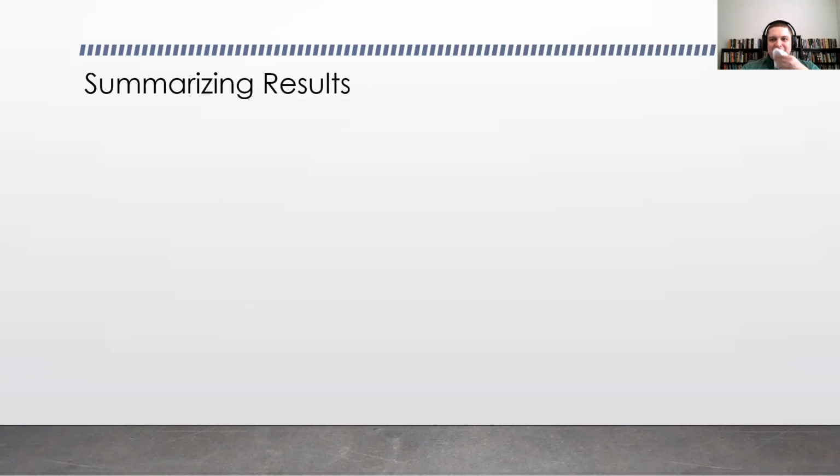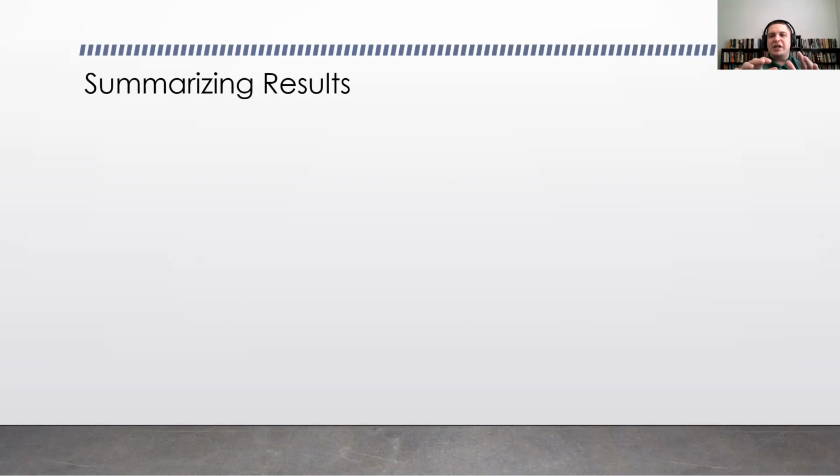Speaking of which, the results section is sort of the payoff. This is where they've done the work, they've set up the right kind of data for their questions, they have looked at how other people have approached this, and they have said, okay, here's what we can actually find.